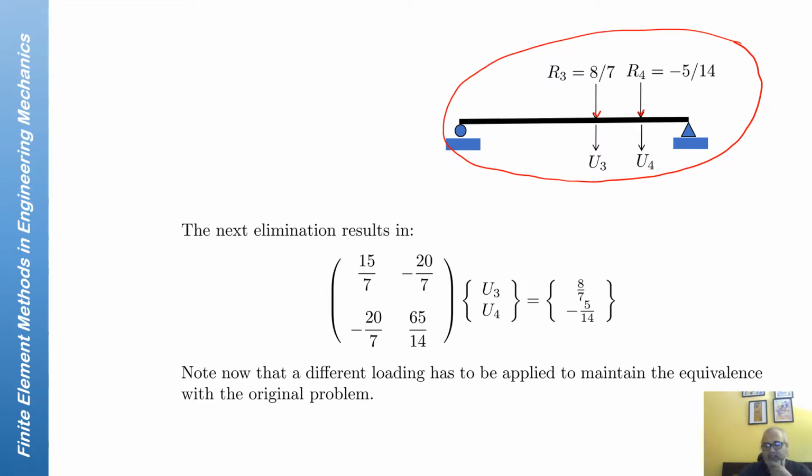You generally do not encounter zero along the diagonal. If your Gauss elimination fails because you are encountering a zero in the diagonal, it would probably mean that your structure is not stable. It's not a static problem, and you have not fixed your rigid body modes in the problem properly. So that can lead to a zero.